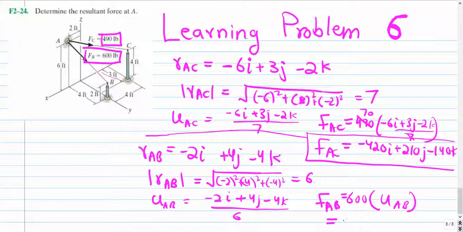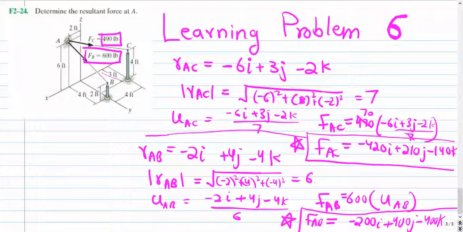And we end up with negative 200i plus 400j minus 400k. So this is our force vector from A to B. And I'm going to put 2 stars behind our force vectors.